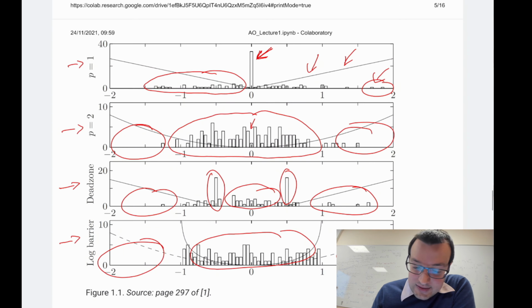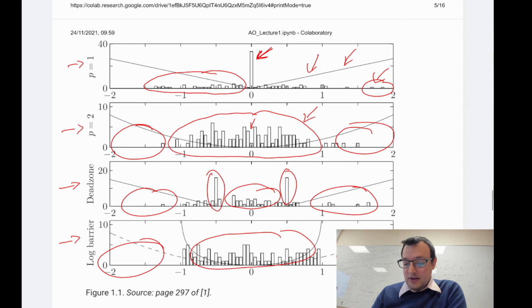This is not the case for the L2 norm, because in the L2 norm case, we have a strong slope for large values of the residual, so there is a strong push to go towards 0. But once we are close to 0, the slope becomes flat, and there is no incentive to actually push the residual to 0. So that's why they have different properties.